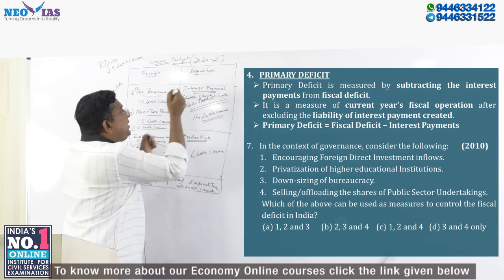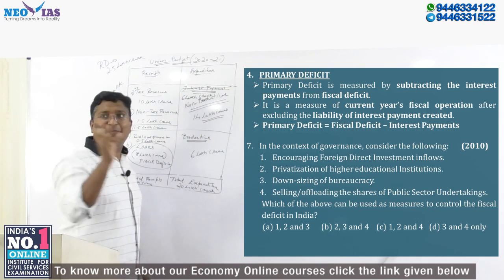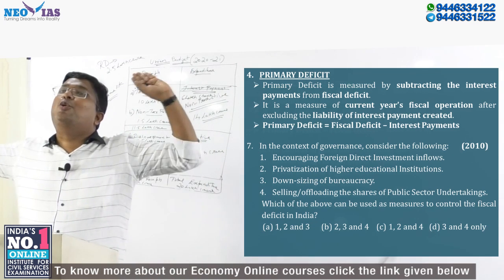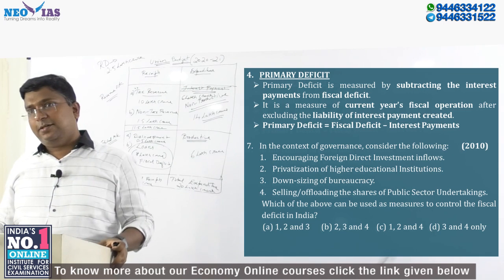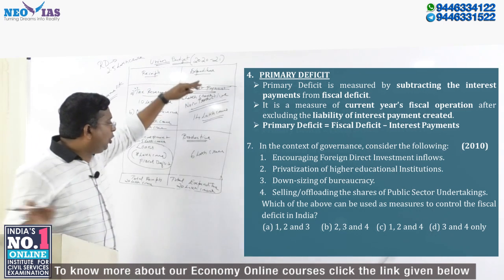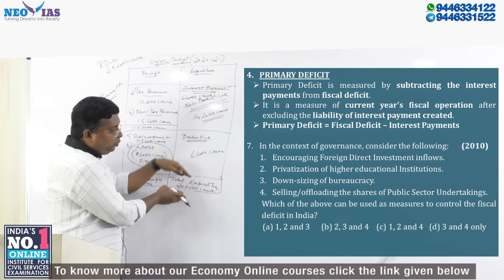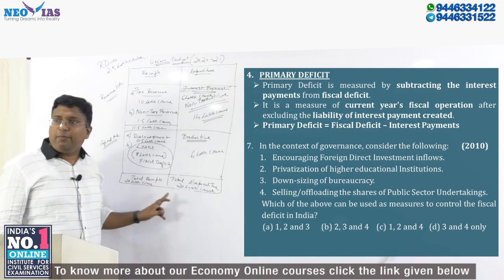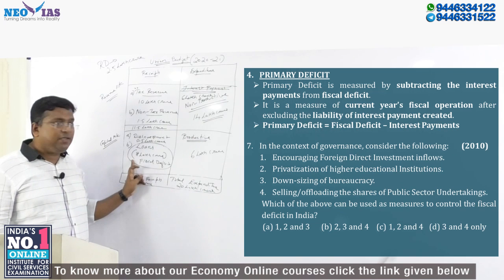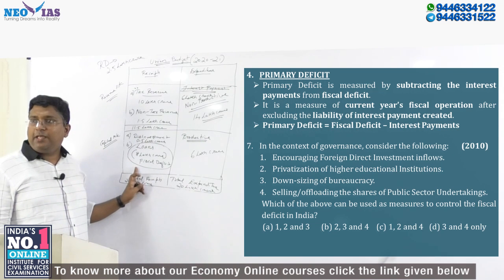If there was no interest payment, imagine, it's only imagine, I told you. If the previous government had not borrowed, then what will happen? The total expenditure will be cut down to 14 lakh crore. So, now the government has to borrow how much? Instead of 8 lakh crore, they have to borrow only 2 lakh crore. What is that 2 lakh crore?